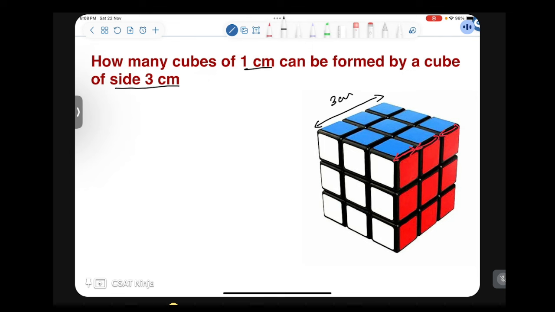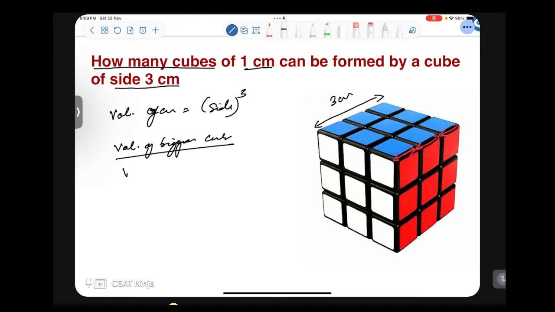You may or may not know the volume of a cube formula: volume of cube is nothing but side cube. In this type of question, if you are asked to find how many cubes can be formed, the simple thing is the volume of the bigger cube divided by the volume of the smaller cube.